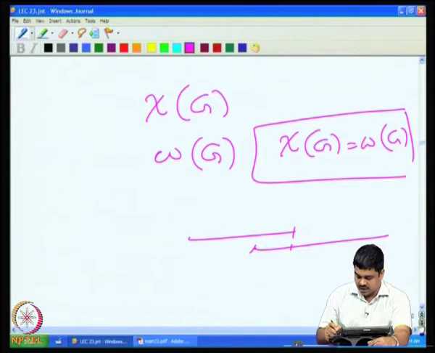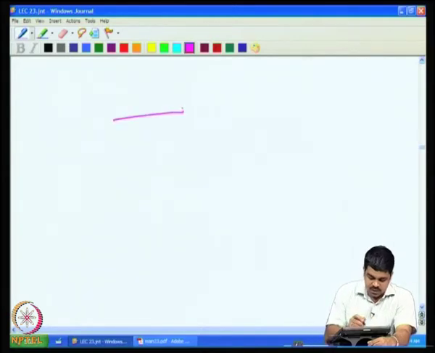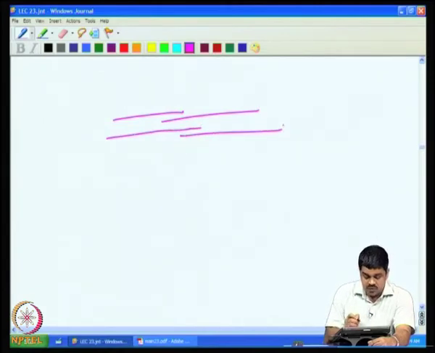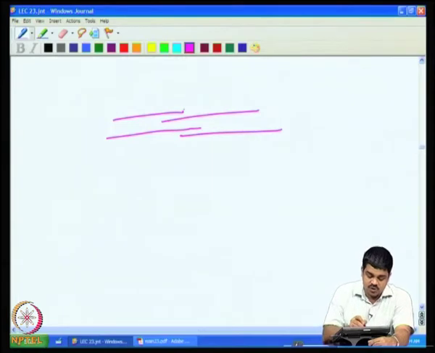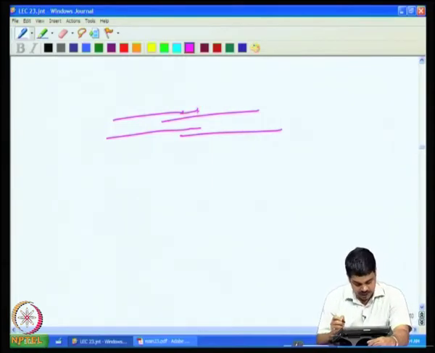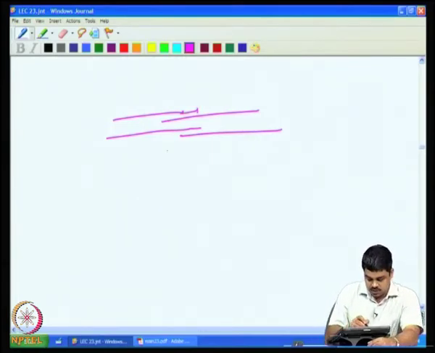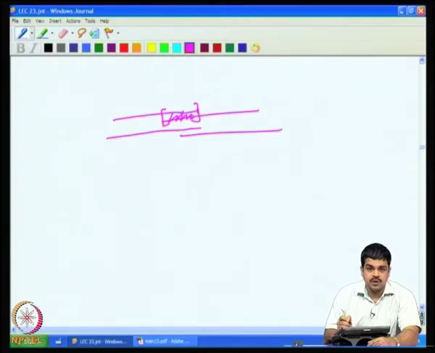So, for instance, suppose here there is an interval, there is another interval here, and another interval here. Now, my condition is that every pair of intervals should intersect. Can you see that there is going to be a common intersection point? It is not very difficult, right. Take any two of them; this is the intersection of the two.